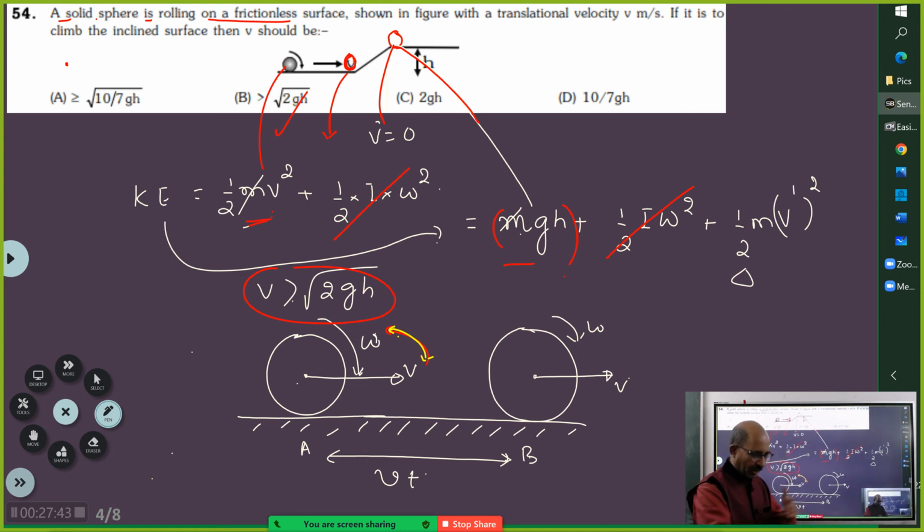It is turning there, but there is no connection between v and omega. Therefore, the rotational kinetic energy will not change under this circumstance. This is how the things look, and this is the equation. Got it?